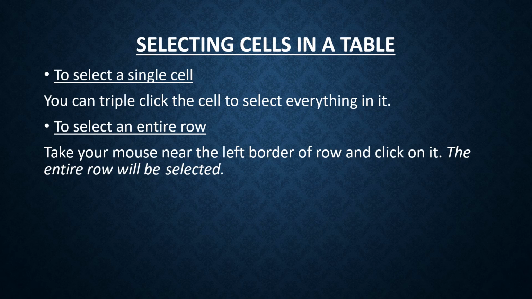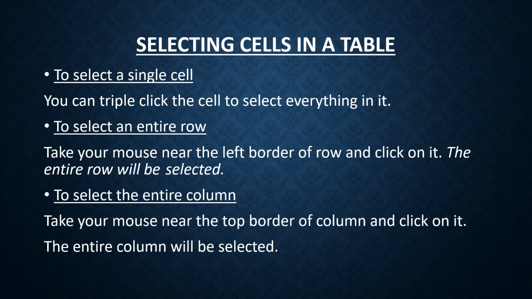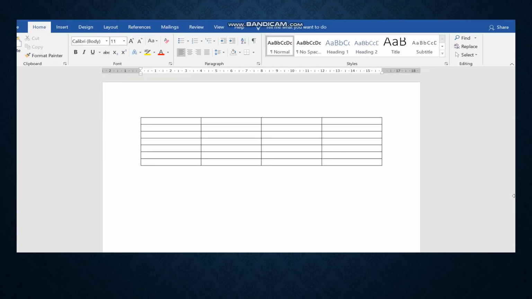The entire row will be selected. To select the entire column, take your mouse near the top border of the column and click on it. The entire column will be selected. Let us see the example.